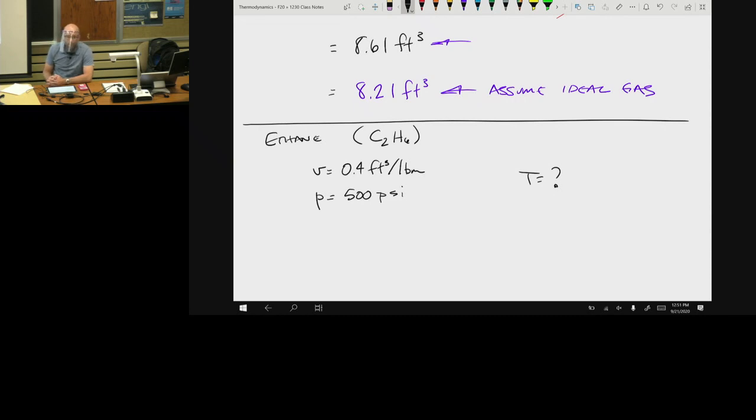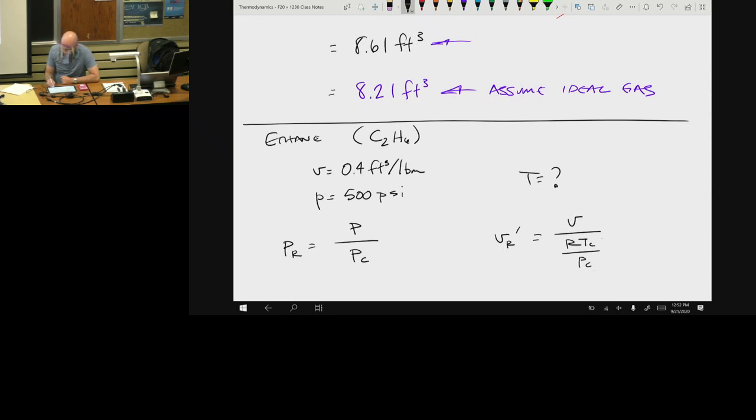So this is a small problem from what I've taught you in class. I've taught you to find out what the reduced pressure is and what the reduced temperature is, and use that information to get you on the generalized compressibility chart. Here we don't have temperature. We cannot do that. So what we're going to do here is find reduced pressure, which is pressure over the critical pressure, and then we're going to find pseudo-reduced specific volume, which is going to be the volume divided by RT critical over P critical.